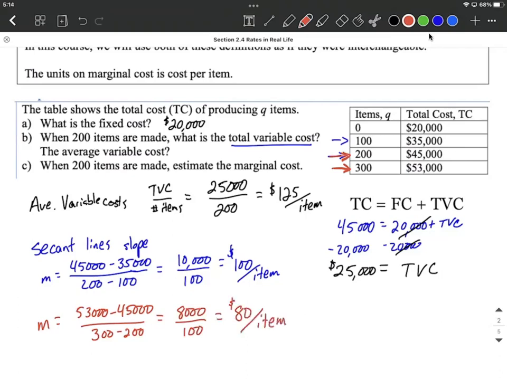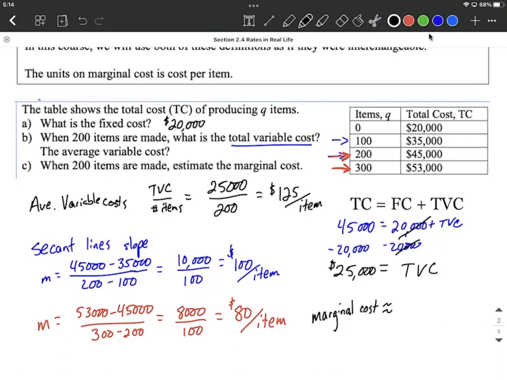Now, neither one of these is exactly correct, all right? Somehow the slope of the tangent line, which would be this marginal cost, remember marginal is going to mean the derivative, and derivative means the slope of the tangent line, would be somewhere in between these two. So to get an even better approximation for our marginal cost, let's go ahead and take the average of these.